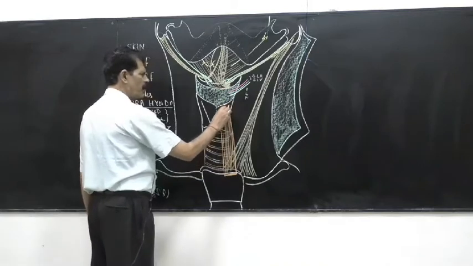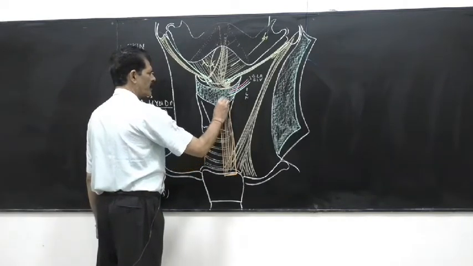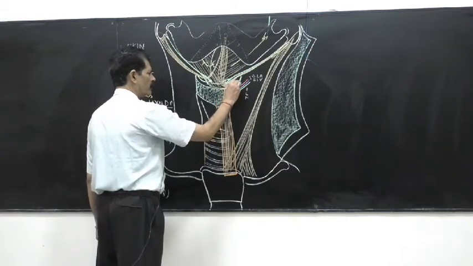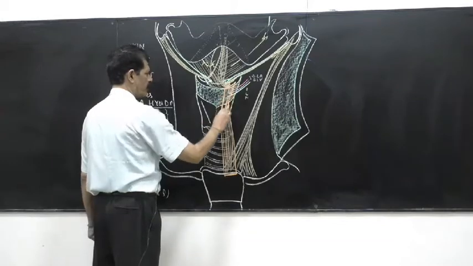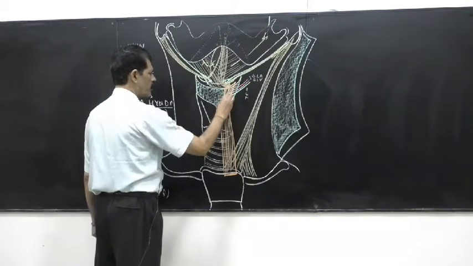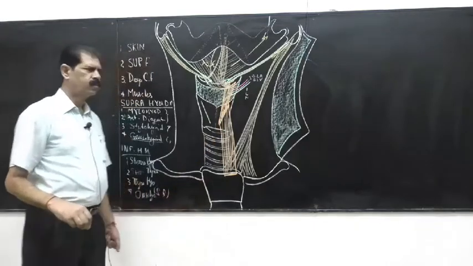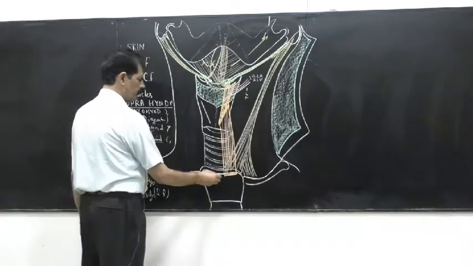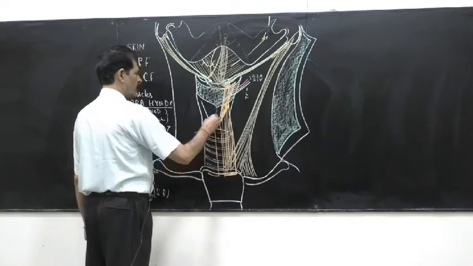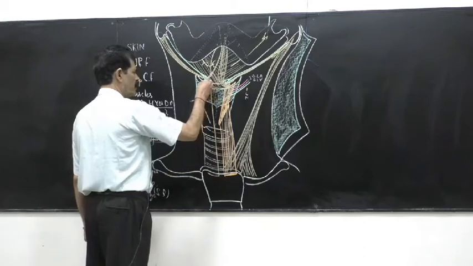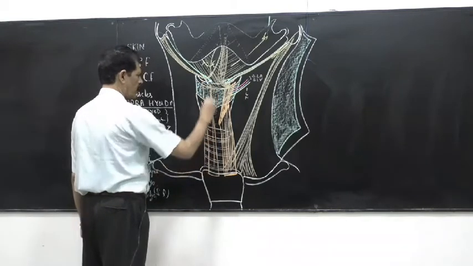Then from the same oblique line, another muscle goes up and is inserted over the hyoid bone. What do you name it? Thyrohyoid. From the thyroid cartilage oblique line to the hyoid bone, thyrohyoid is the name. Then sternohyoid, from the sternum to the hyoid bone. Sternohyoid.